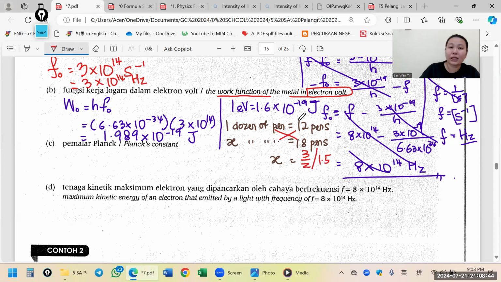So same thing. If 1 eV is this, now you have 1.989 times 10 to the negative 19 joules. You got how many eV? Same thing, you cross and you divide.